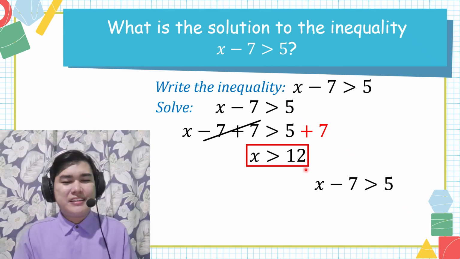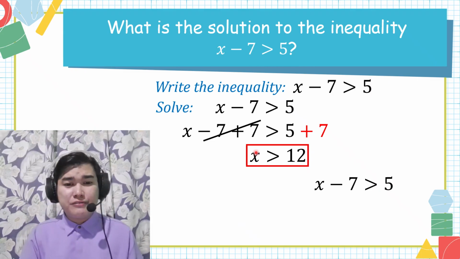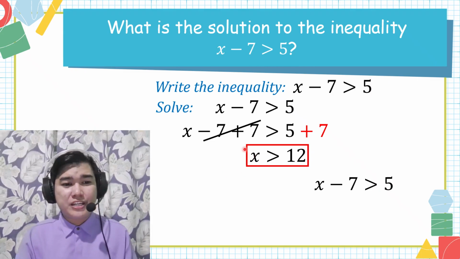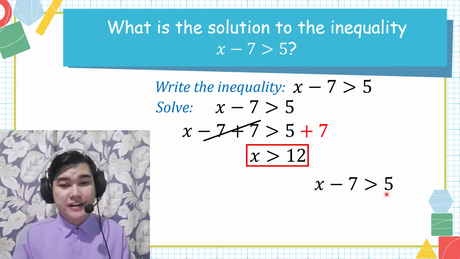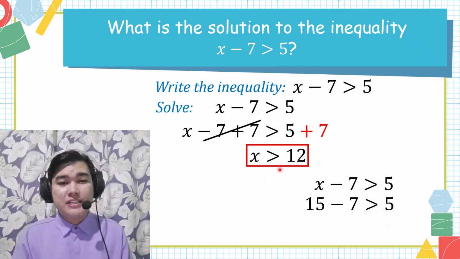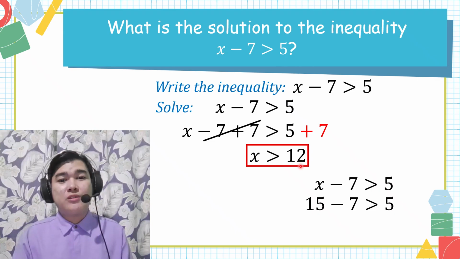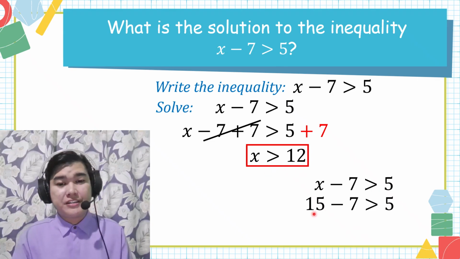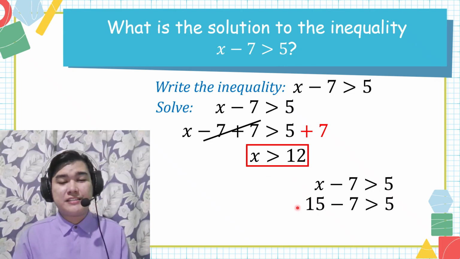Okay, so let us try to look for some values of x and try to substitute in the given inequality to see if it satisfies the inequality. Let us say the value of x is 15 because in the given answer, the value of x is greater than 12. So 15 is greater than 12. So let us use this as example.